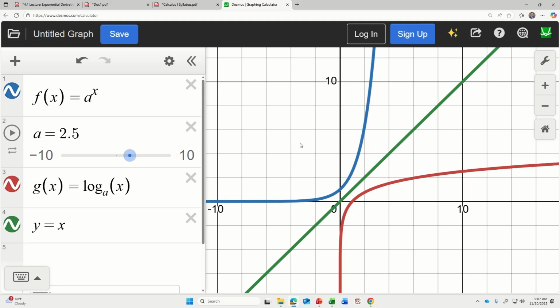And since the exponential curve is getting closer and closer to the x-axis as I go off to the left, when I flip that across the green line, this red curve is going to get closer and closer to the y-axis as I go down. But just like the blue curve doesn't exist below the x-axis, the red curve doesn't exist to the left of the y-axis. So the logarithm function is not defined for any negative numbers.